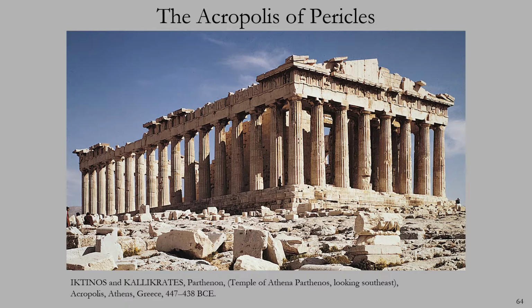The whole complex was under the mastermind of this guy named Phidias. We'll see his name in a second. But Phidias came up with this entire layout, the decorative program of the Acropolis, and then individual architects would create these buildings. This is the Parthenon as it looks today.